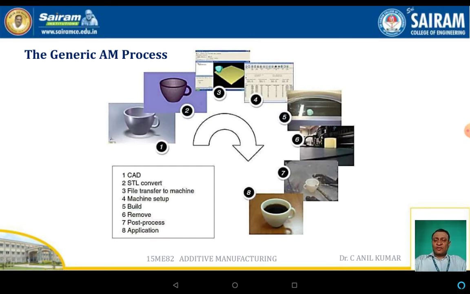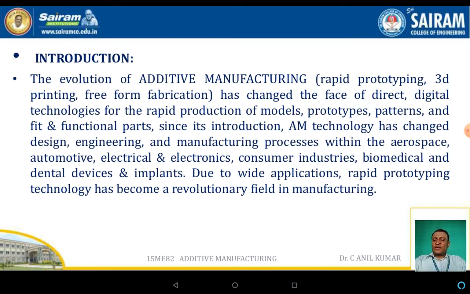Now, this is the sequence of the process that we will discuss in detail in the further slides. The evolution of additive manufacturing has changed the face of direct digital technology for the rapid production of models as well as prototypes, patterns, and functional parts.